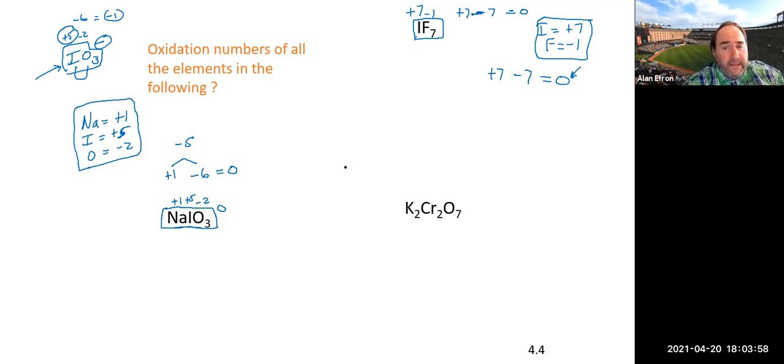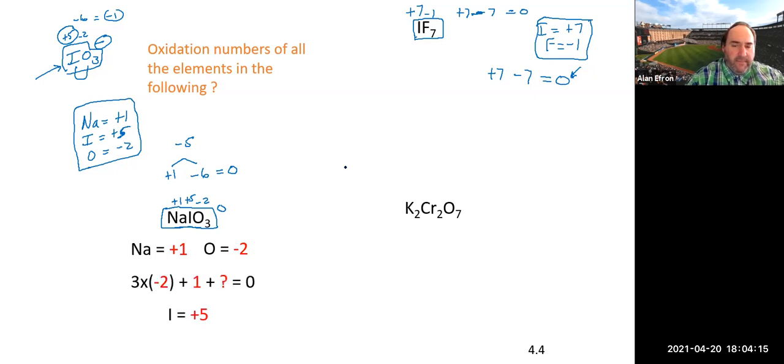Because of the sharing of electrons and electronegativity in molecules, they carry a different oxidation number than they may in an ionic compound, where there's a complete transfer of electrons. Those electrons are completely transferred and the atom doesn't hang on to them, so it picks up the entire electron.